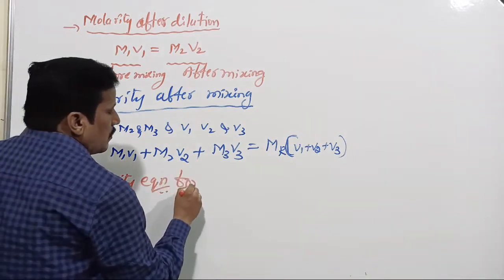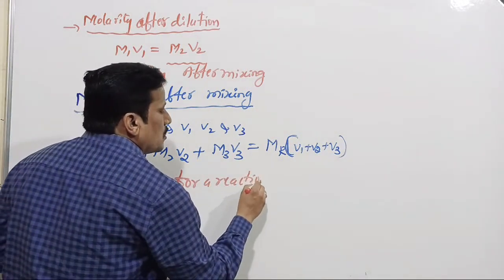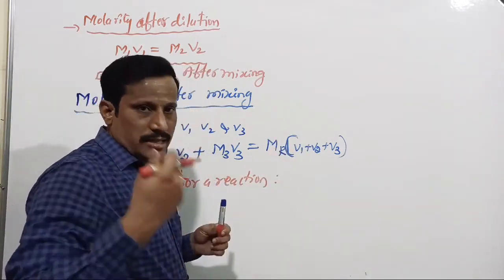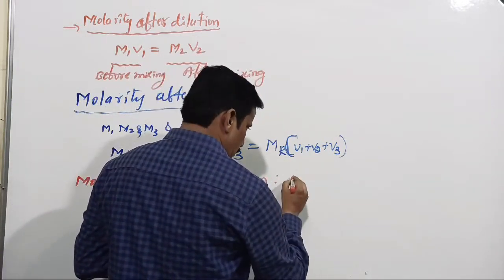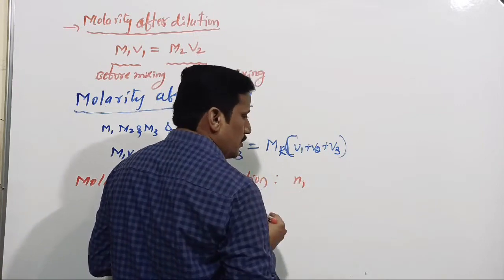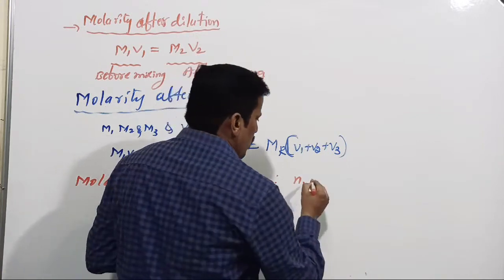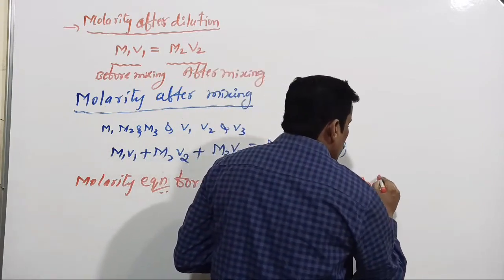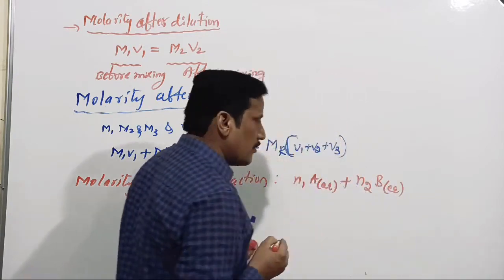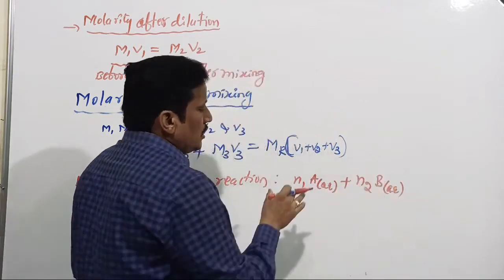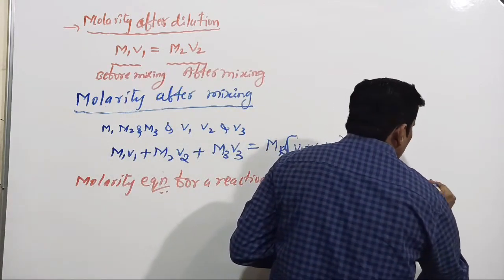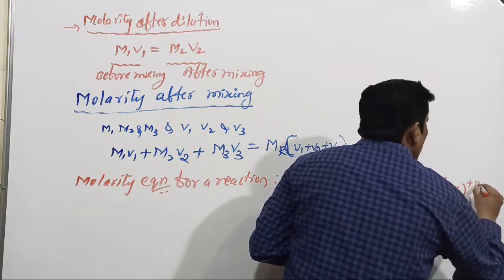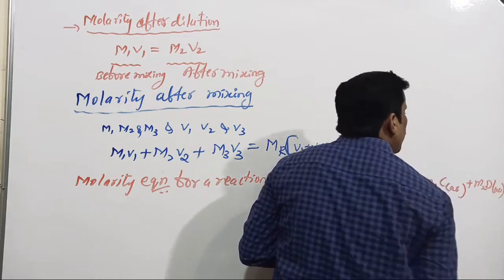Let us consider a reaction where N1 moles of reactant A in aqueous form react with N2 moles of reactant B in aqueous form, giving products: M1 moles of C aqueous and M2 moles of D aqueous.